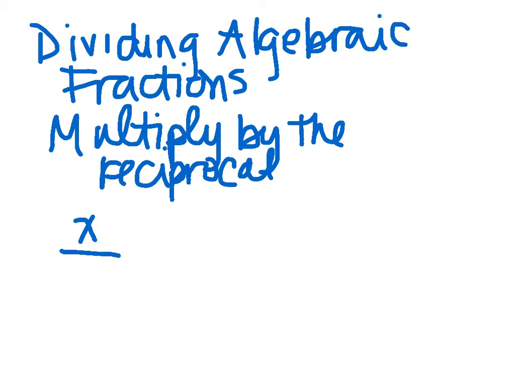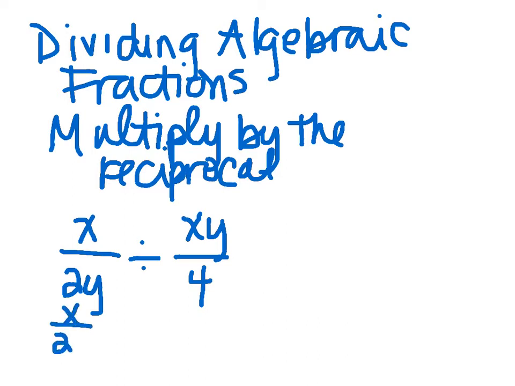If I have x over 2y divided by xy over 4, the first fraction never changes because that's what you're dividing up. So I'm going to say x over 2y, but I now am going to multiply by the reciprocal.